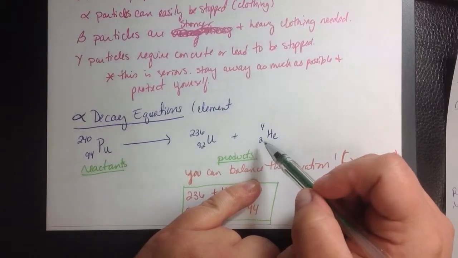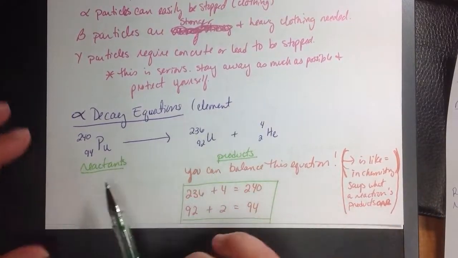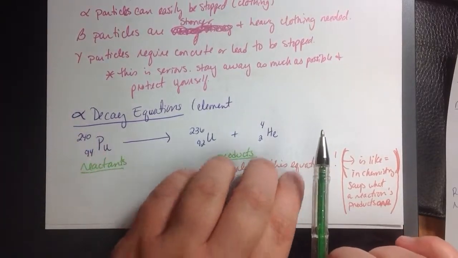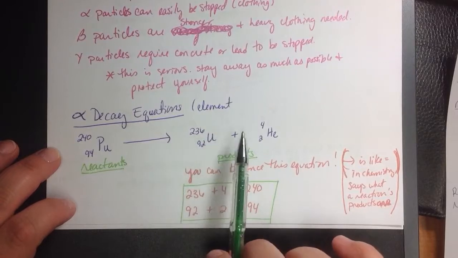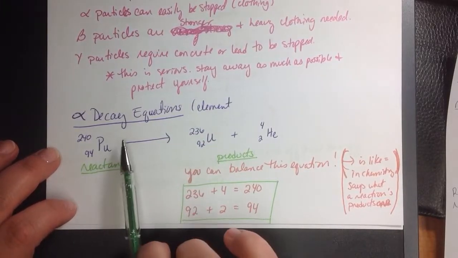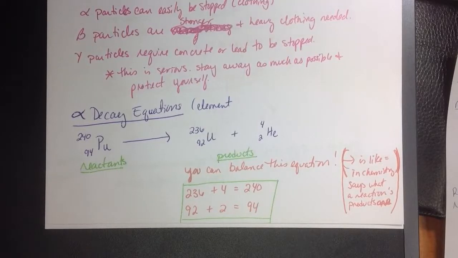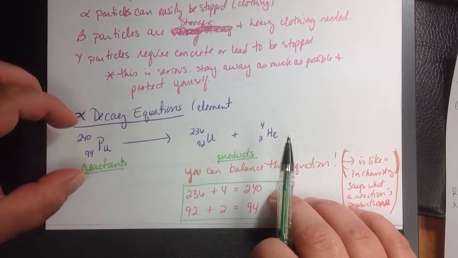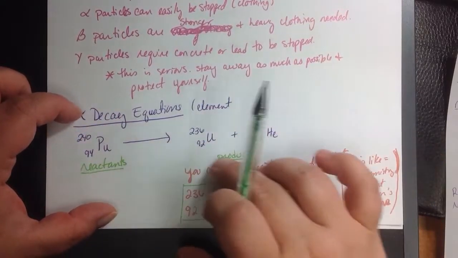These types of equations have to be balanced. This is an equation saying this is what we start with, this is what we end with, and this is what happens in the process of the reaction. This arrow is in some ways like an equal sign in chemistry. What we're saying is mass can neither be created nor destroyed, so it has to be the same on both sides.